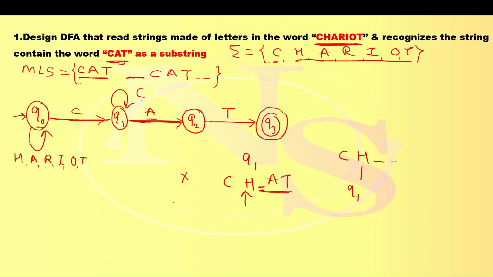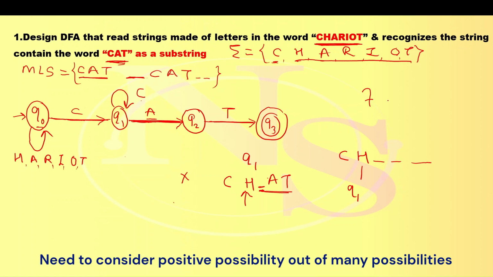After this, there are many possibilities because we have the 7 symbols. Out of these many possibilities, one of them may be that CAT comes. For example, there is a possibility of RAT or TRA or TAT coming.